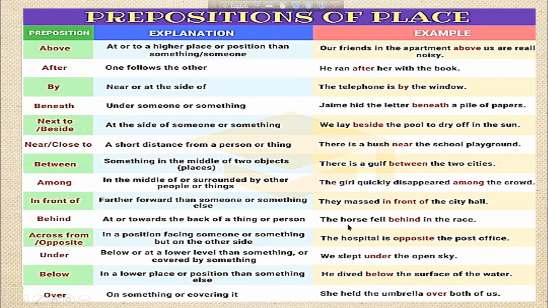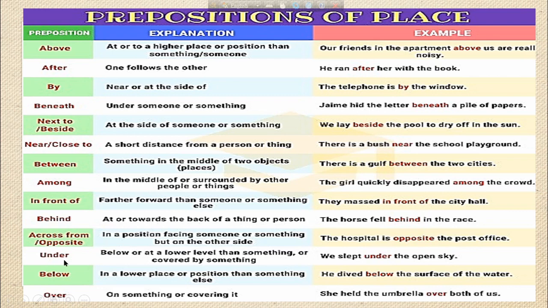For example, the horse fell behind in the race. Across from or opposite: these two prepositions are used for a position facing someone or something but on the other side. The hospital is opposite the post office.